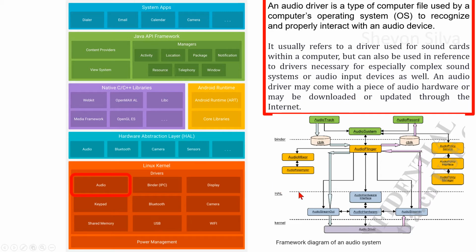Here you can see the framework diagram of an audio system. The functional interfaces provided to the applications are AudioTrack and AudioRecord, which are the functional interfaces for playback and recording respectively.